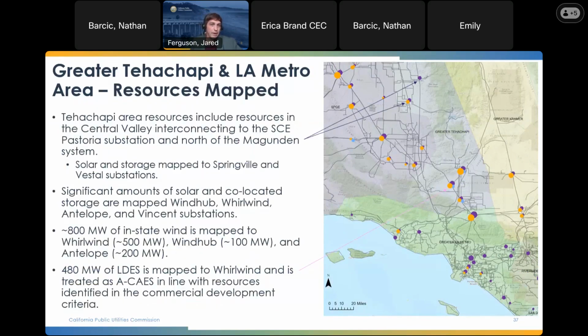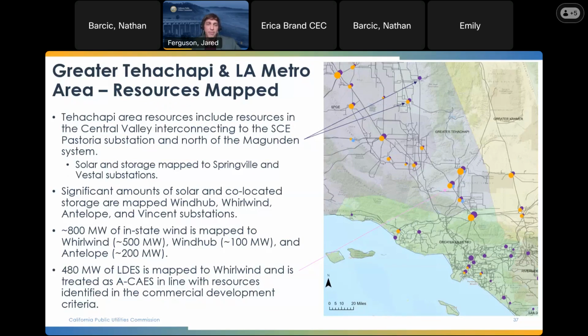I'll point out that the Tehachapi area does include a few locations that are actually in the Central Valley. They're a part of the SCE transmission system north of Magunden, and we do have some solar and storage mapped to that area.